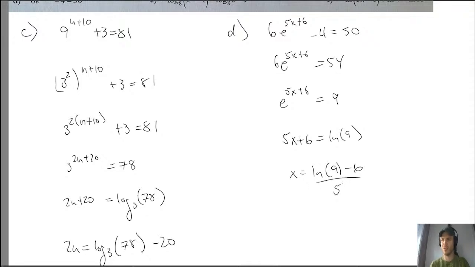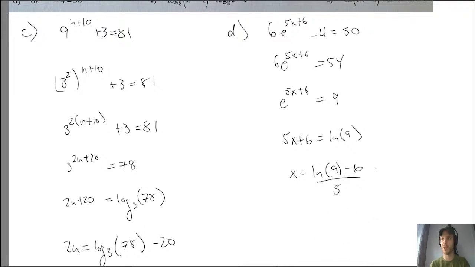And, you know, you could, again, I'll write this, I wouldn't necessarily do this, but you could make this 1/5 log 9 minus 6 over 5, and then do an exponent thing here. But I don't see any good reason to do that, so this is simple enough.